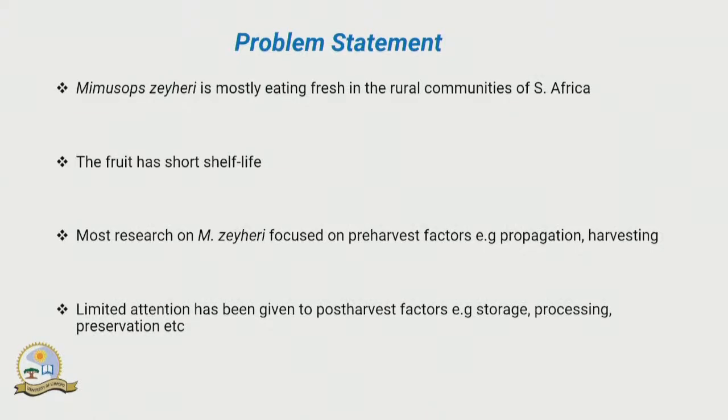In terms of the gap, a lot of work has been done on other methods, especially pre-harvest propagation, which has been done by Professor Mashela at the university, but also the harvesting method, which was done by our group, where we determined the perfect harvest stage and also the indices that could be used for harvesting.